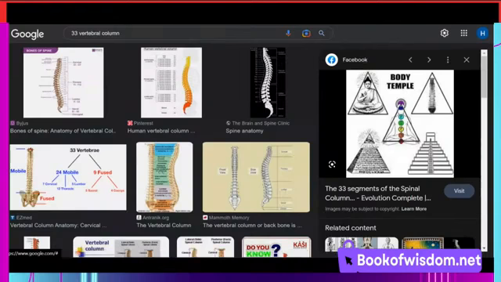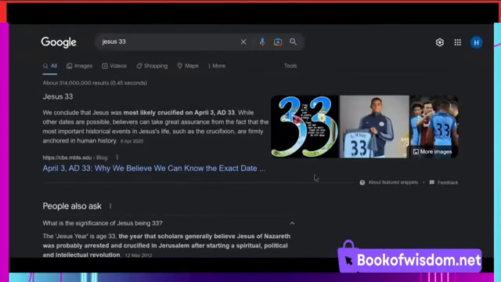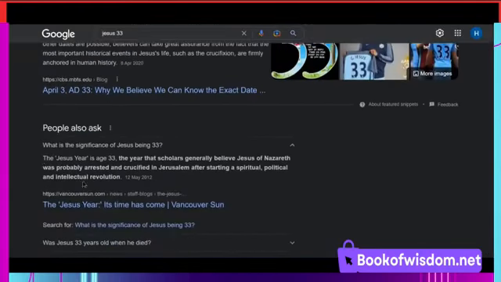Can you see it? But also Jesus died at 33. So they're symbolizing the death of the ego, the body.